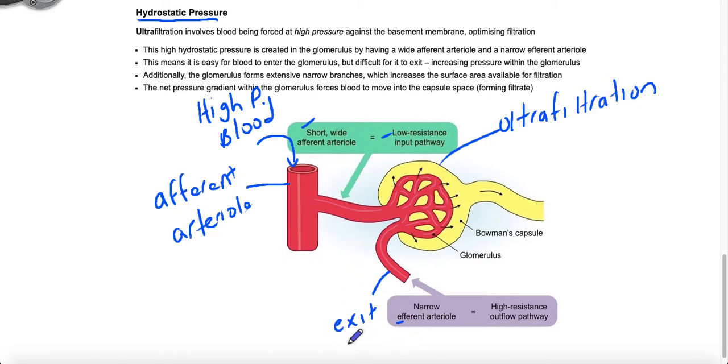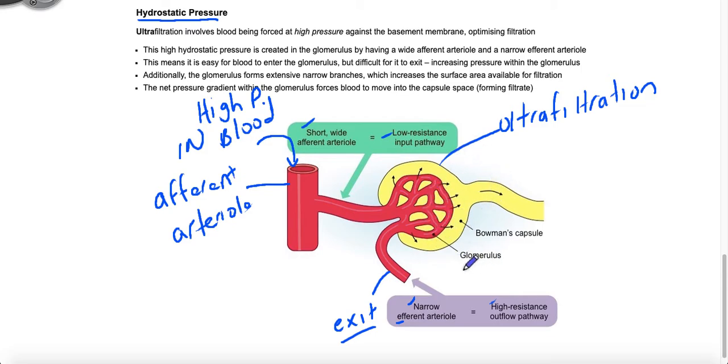So E for exit, so blood comes in through the afferent and it exits through the efferent. So this efferent arteriole is narrower, so that means that there's high resistance for exiting, or the outflow pathway. So it's easy to come in, in other words, but it's difficult to get out. So this is what creates the high hydrostatic pressure.